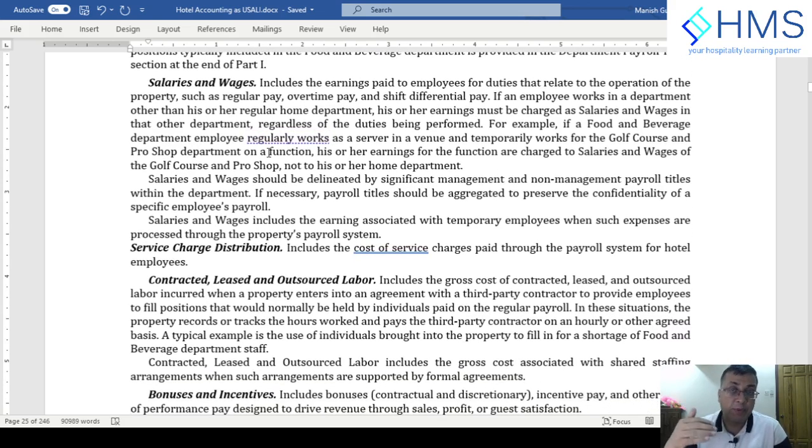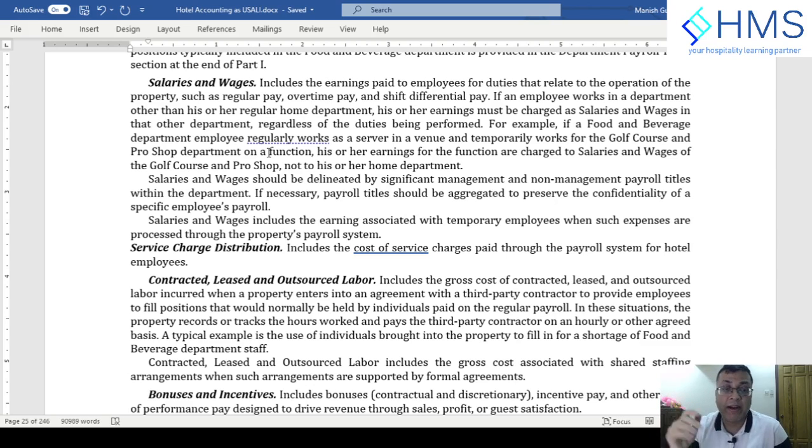So salary and wages may have basic pay plus overtime pay, split shift pay, or other payments which are considered into the salary and wages in the GL, but in the P&L it will combine as one salary and wages split by the departments. Split by the management titles.